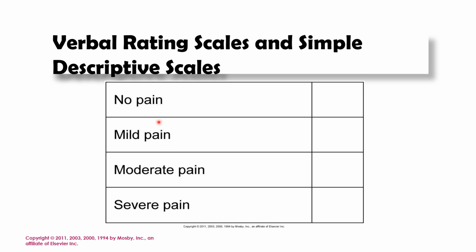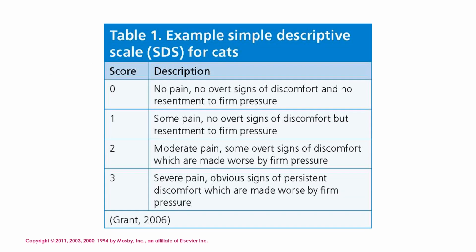For example, we can rate the pain as no pain, mild, moderate, or severe, depending on our own subjective description and own observation of the pain. Of course, we have here the basis for our score that we are going to indicate in our rating scale for our descriptive scale. This is in cats, and we have here our description of pain.